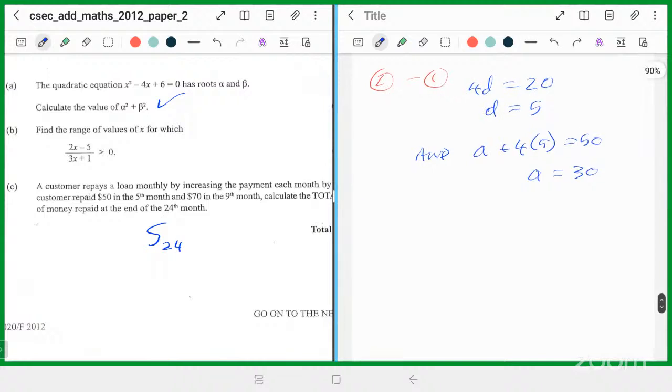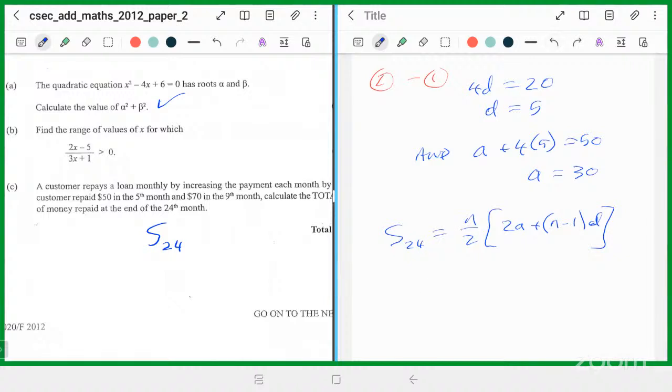So the sum, 24 months, 24 payments that pay each month is, 2 into 2A plus n minus 1. I'm writing out the formula for you. D, where the n is 24.